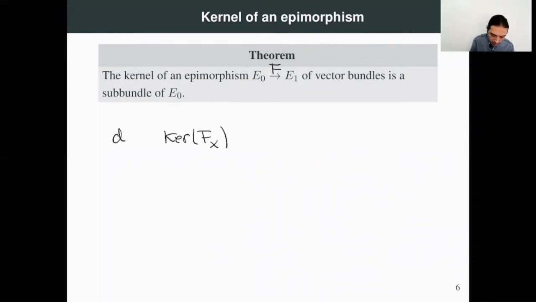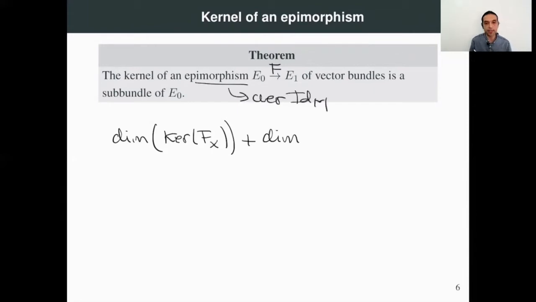What happens is that the dimension of this kernel plus the dimension of the image of Fx, but the image of Fx is the whole fiber for the vector bundle E1, because here it is again over the identity, the image of Fx is E sub 1x.